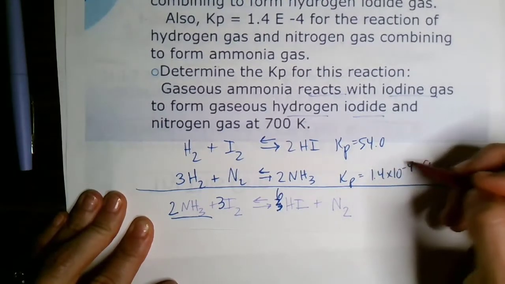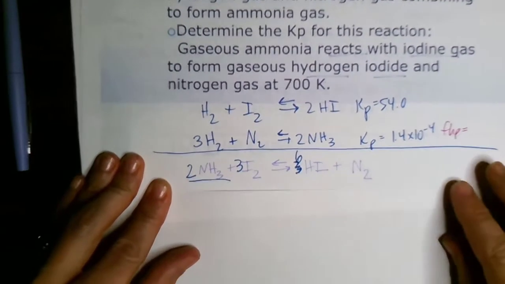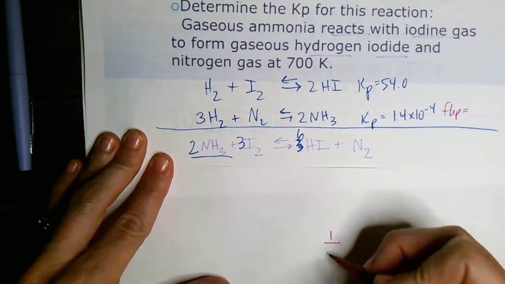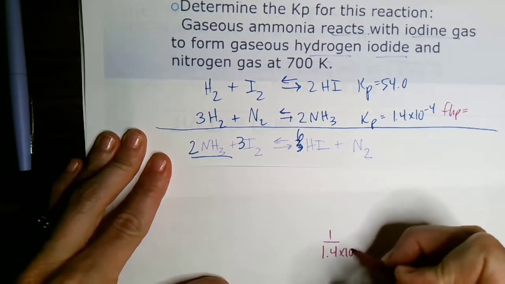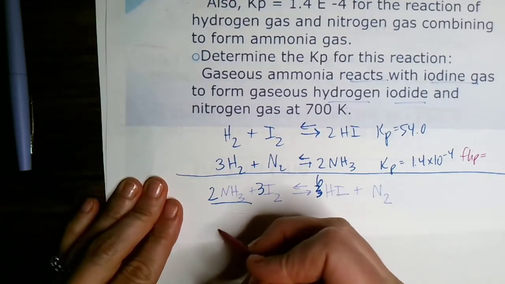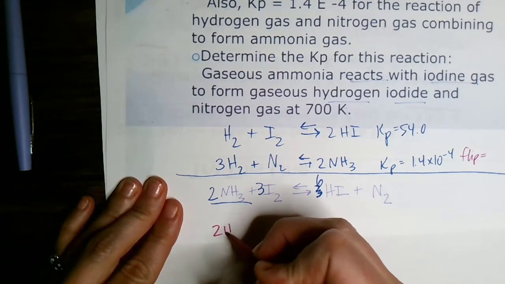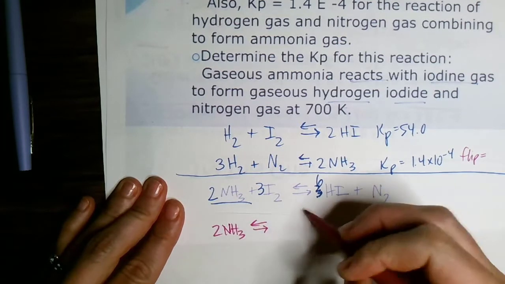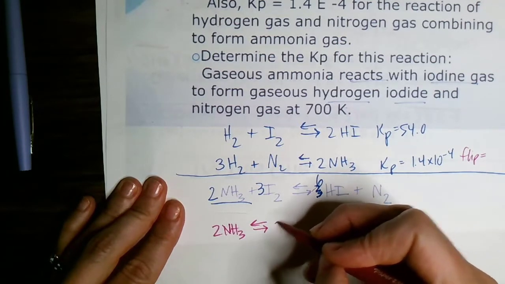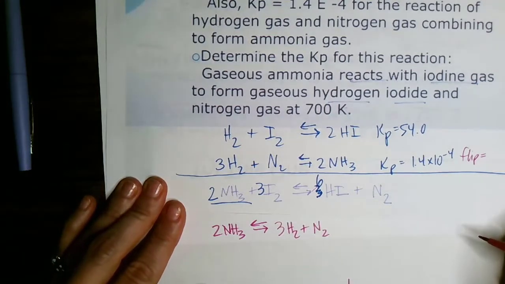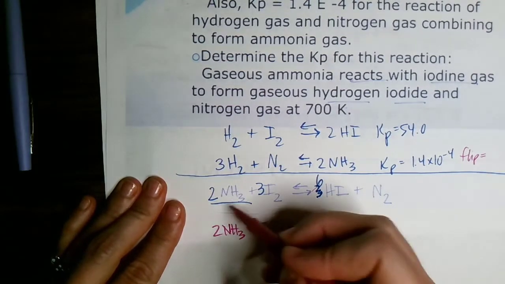So down here I'm going to do 1 over 1.4 times 10 to the negative 4th. So let's flip this equation: 2NH3 produces 3H2 plus N2. All right, and that gives us our 2NH3.